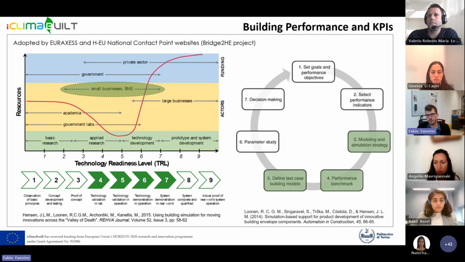And how building performance can be used in different steps to support this activity, where the three key parts are to develop and adopt a modeling and simulation strategy that represents reality, to do this evaluation in terms of a comparison with a performance benchmark, which is in our case the archetypes that we are using, and then to define the test case building models on which you're doing the simulation.